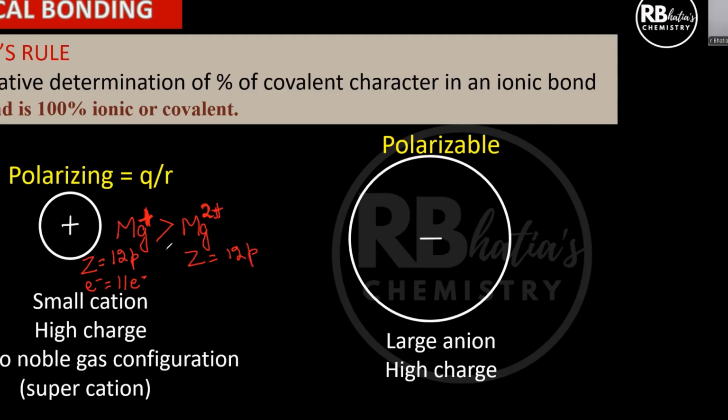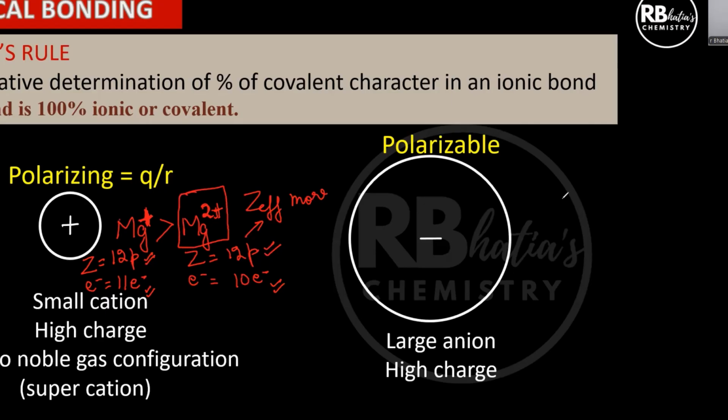They do not change during any kind of chemical change. So Z is 12 protons and electrons here are 10. So 12 protons pulling 10 electrons will lead to a smaller size than 12 protons pulling 11 electrons. So in this case, Z effective is more. Z effective is more in this case. As a result, Mg2+ is smaller in size than Mg1+.